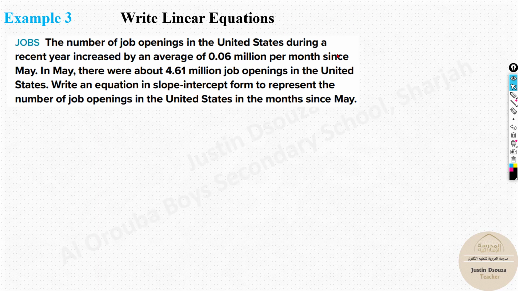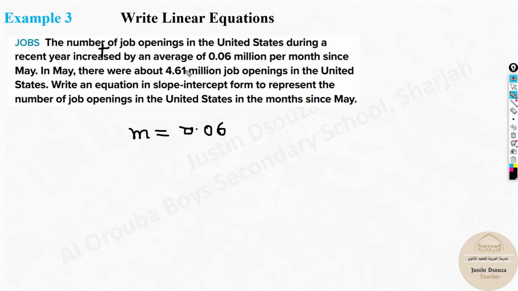Remember, whenever something is changing per rate or per time, like a rate of change, here it was increased, that means it's plus, on average 0.06 million per month. That is always the slope, that is the rate of change, that is plus 0.06.